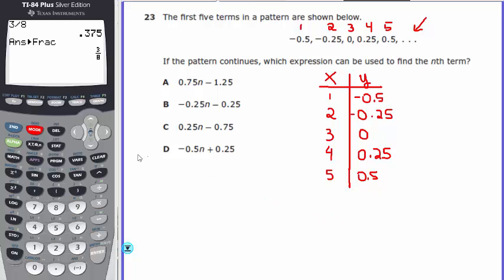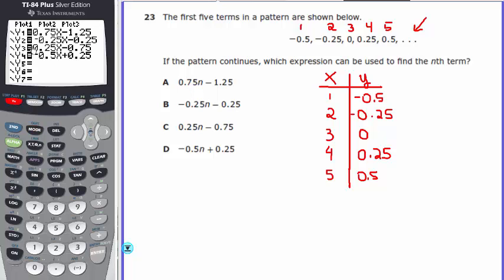So let's go to the calculator, and we're going to enter each one of these multiple choices on our Y window. Let's press Y, and I have previously entered this, but you would take the time and enter each one of these, making sure to change the letter N to letter X. Once you enter everything, just double check that you didn't make any mistakes, because you want to make sure everything is perfect, in the same order that it appears.